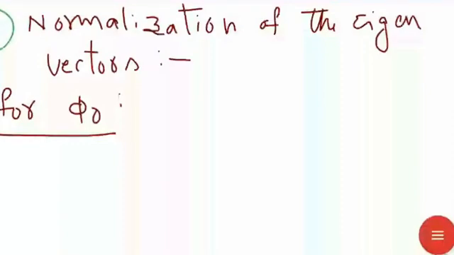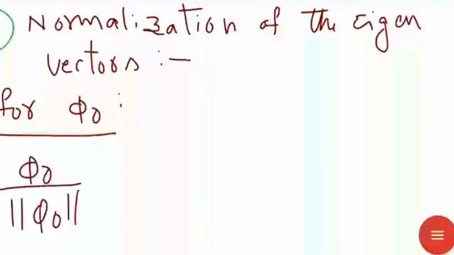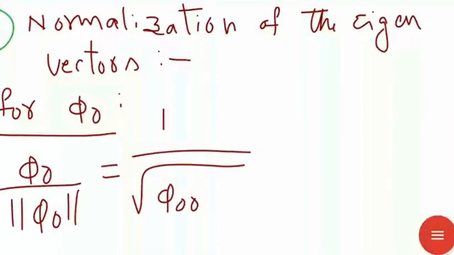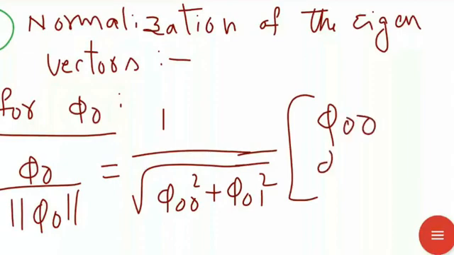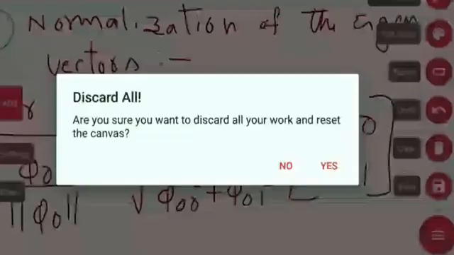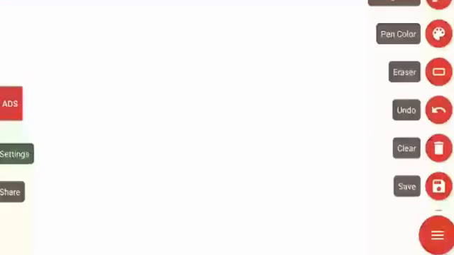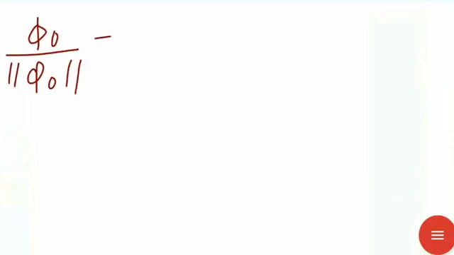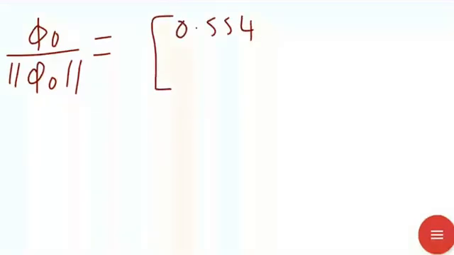Use the normalization formula: 1 by square root of phi naught naught square plus phi naught 1 square, times the vector. Then you can get the answer 0.55, 0.83.